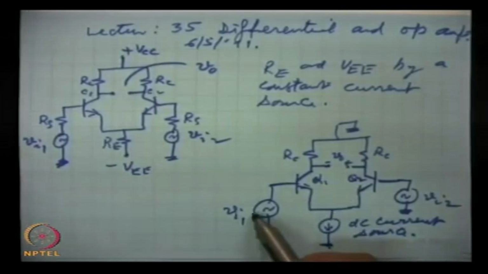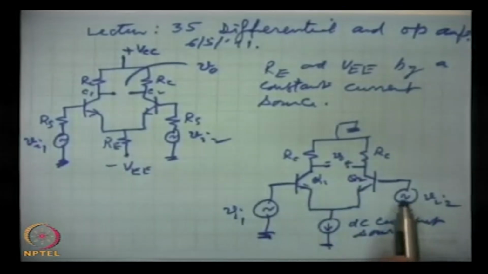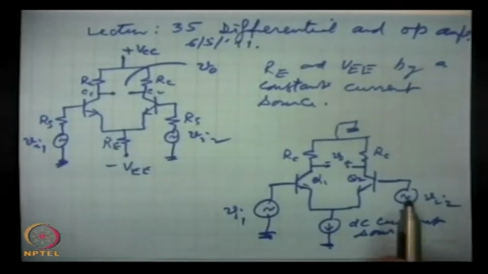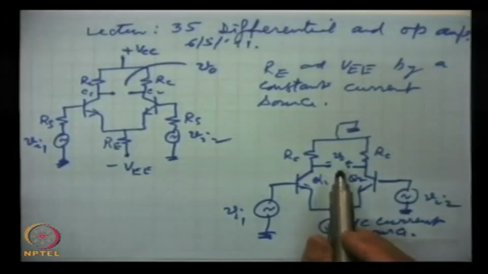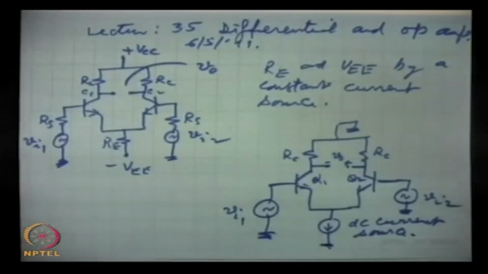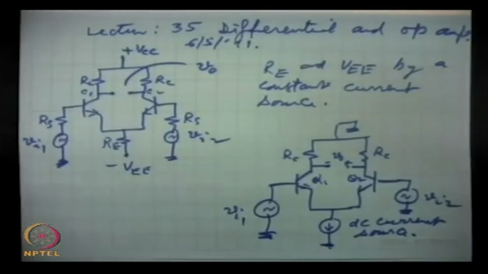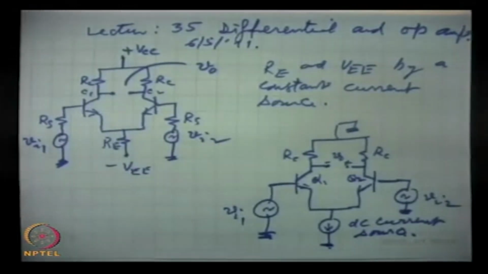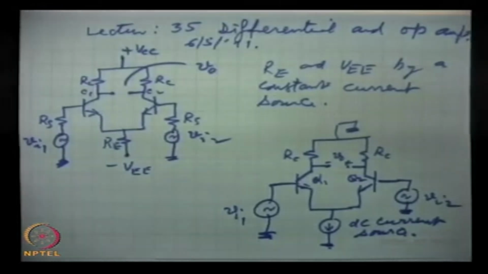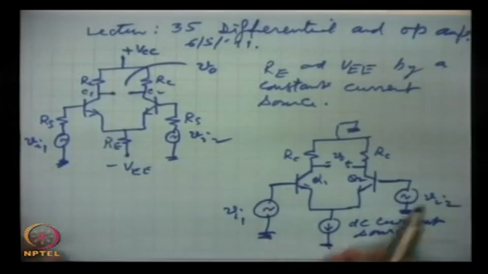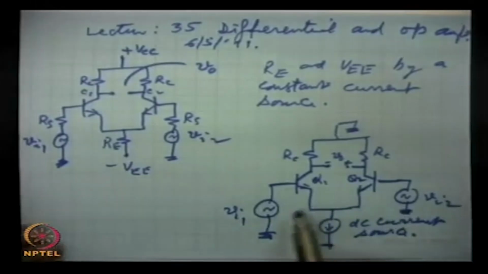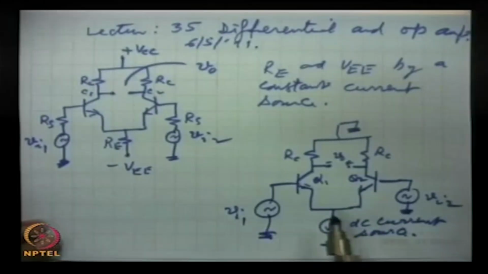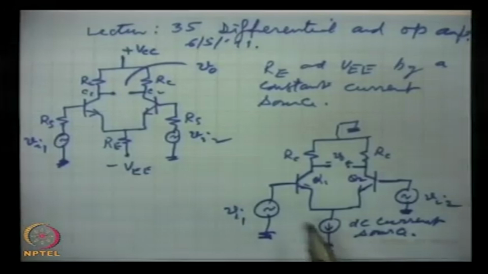Then we will ground this and activate the second input source, and see its contribution. The superposition theorem says that the net output will be the algebraic sum of the outputs created by the two input sources.